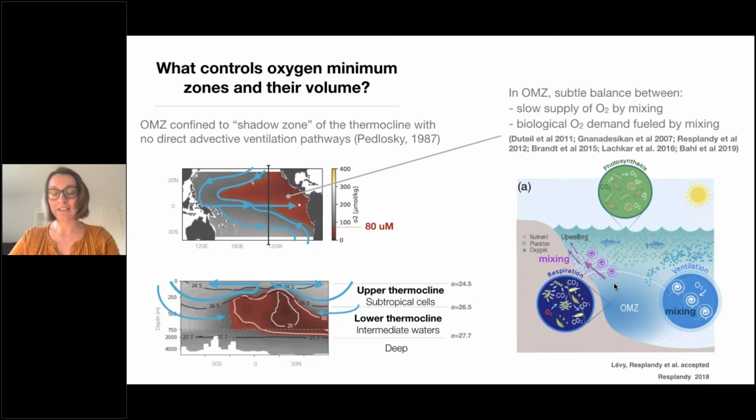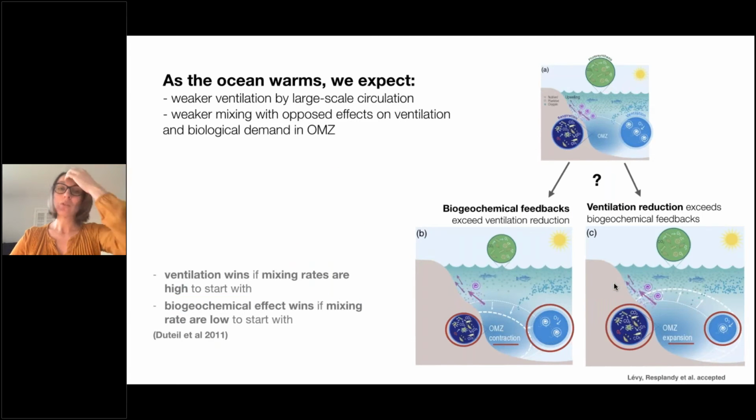And that's why it's hard to model that correctly, because it is very sensitive to those processes. So what do we expect with warming? As the ocean warms, we expect weaker ventilation by the large-scale circulation, the ventilation pathways, but we also expect weaker mixing, which will have opposite effects on the ventilation and the biological demand.